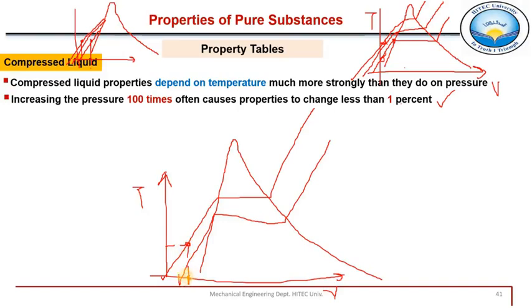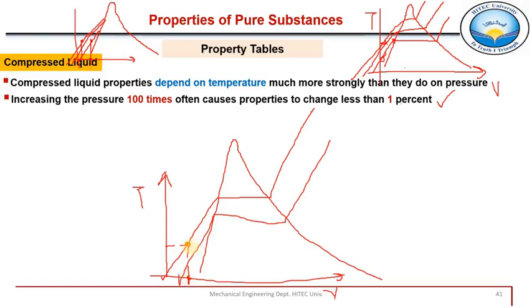If you have a separate table of the compressed liquid region, you can calculate this volume directly from that table, and that table will be very similar to a superheated vapor table, in that for a given temperature and pressure combination we can find V, U and H. So these compressed liquid region tables are very similar to superheated vapor tables, right?